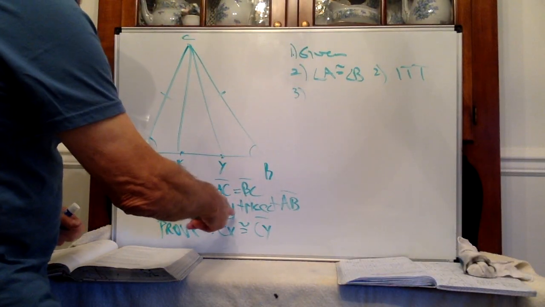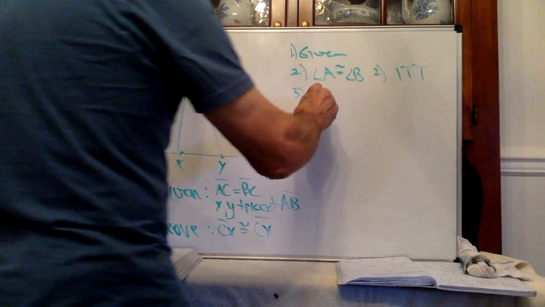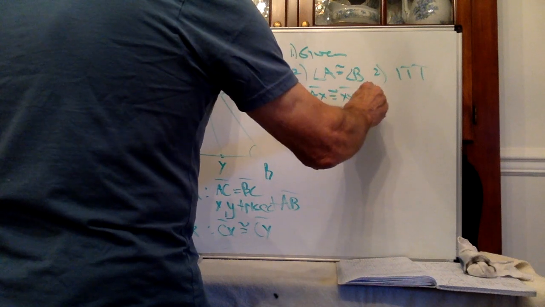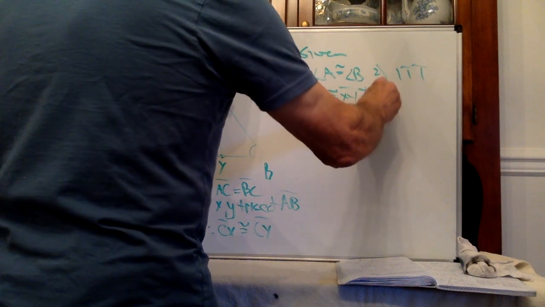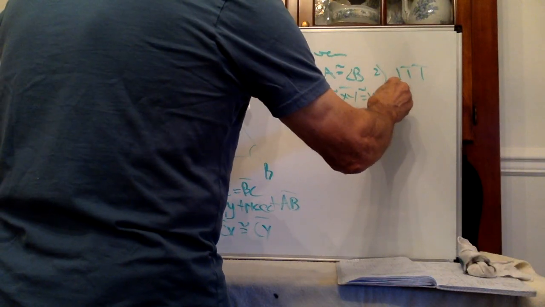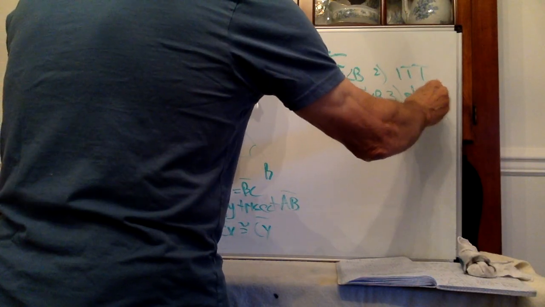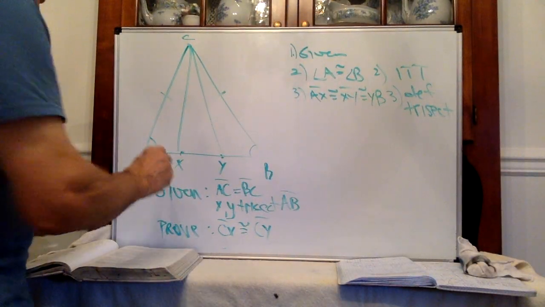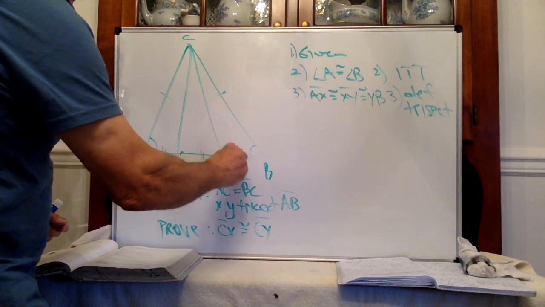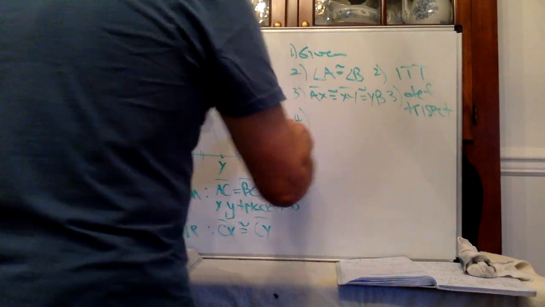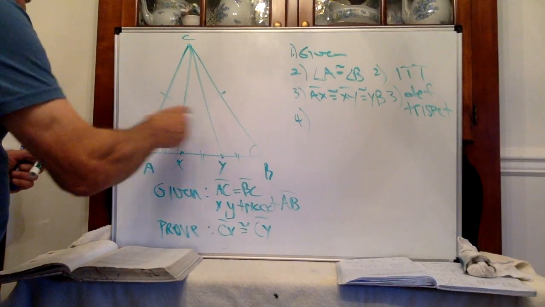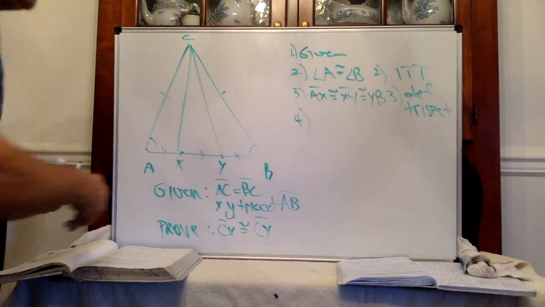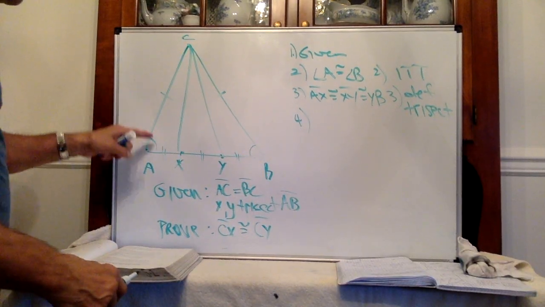Now I'm going to use this. X and Y were trisection points, therefore I know that AX is congruent to XY is congruent to YB. I don't even need XY, but you can throw it in there, it's not wrong. That's definition of trisect. Trisect means it's cut into 3 congruent pieces. Hopefully now you recognize these 2 outside triangles. Triangles CXA and CYB are congruent by side, angle, side.